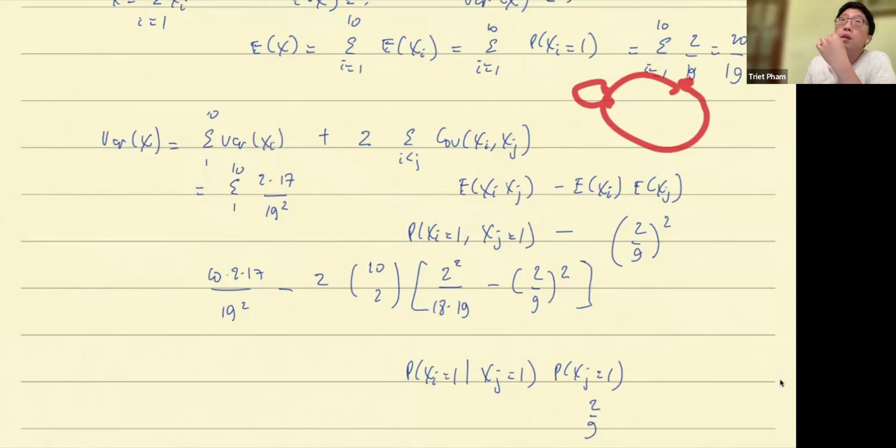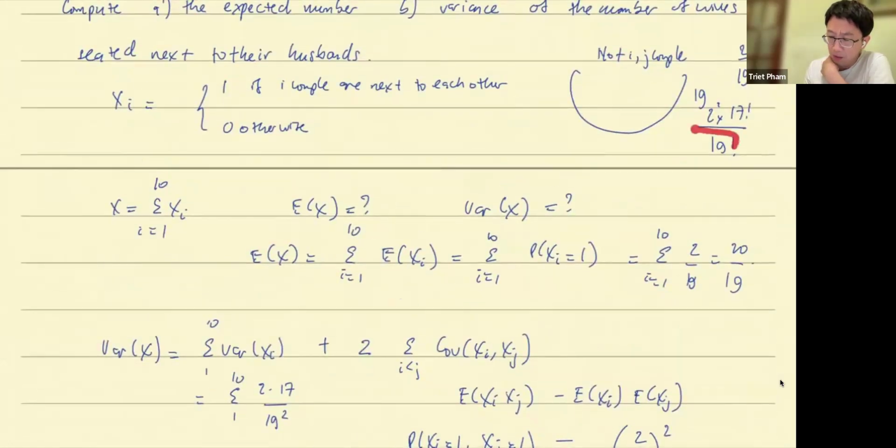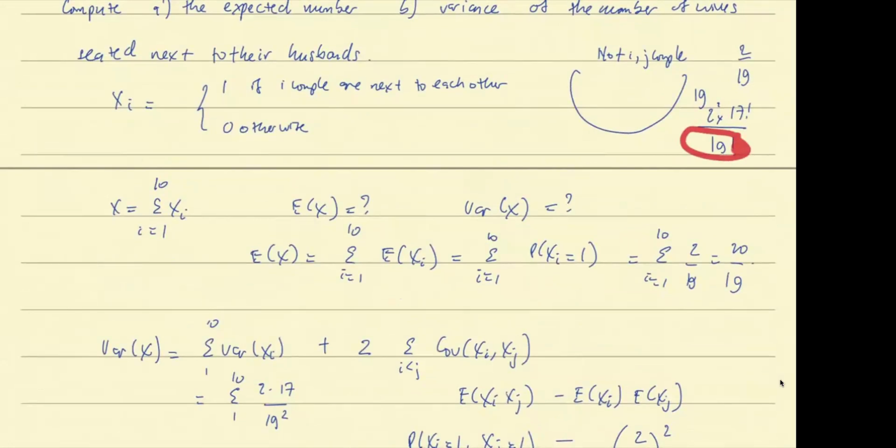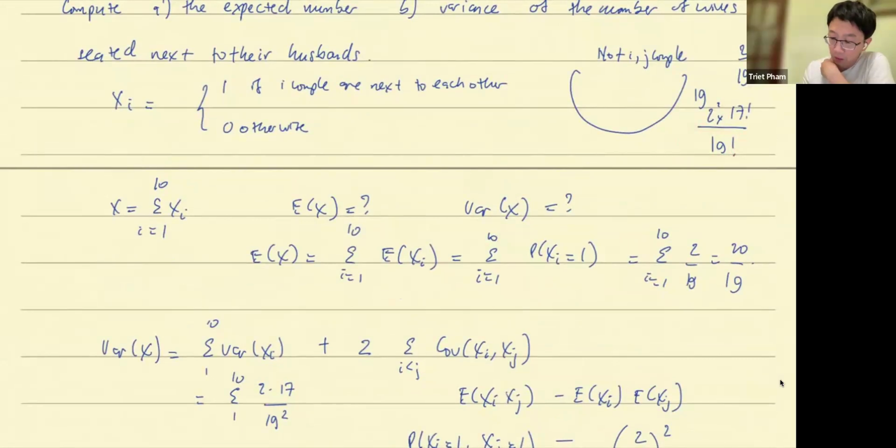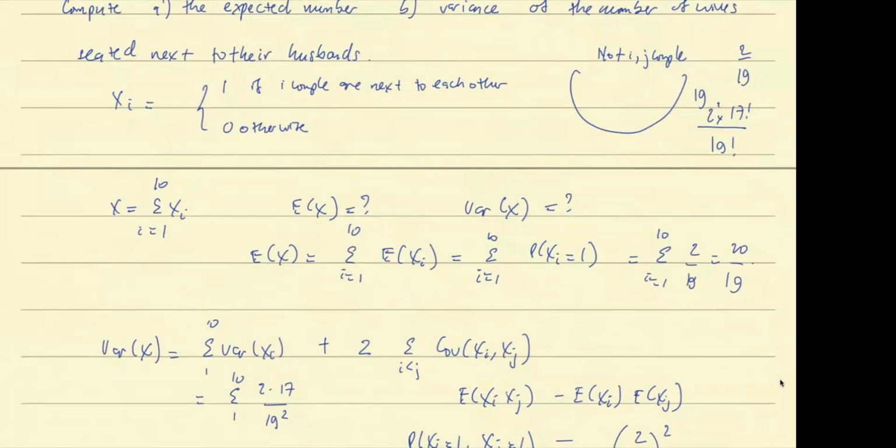I'm just trying to think in a circle, conditioned. You know that the other couple is already next to each other. So you would have something like 18 factorial, and it's basically the same way of counting, but instead of 19 factorial, you would have 18 factorial. Yeah, but I think you could also think of it as 2 over 18 times 1 over 17, if you just pick one couple.